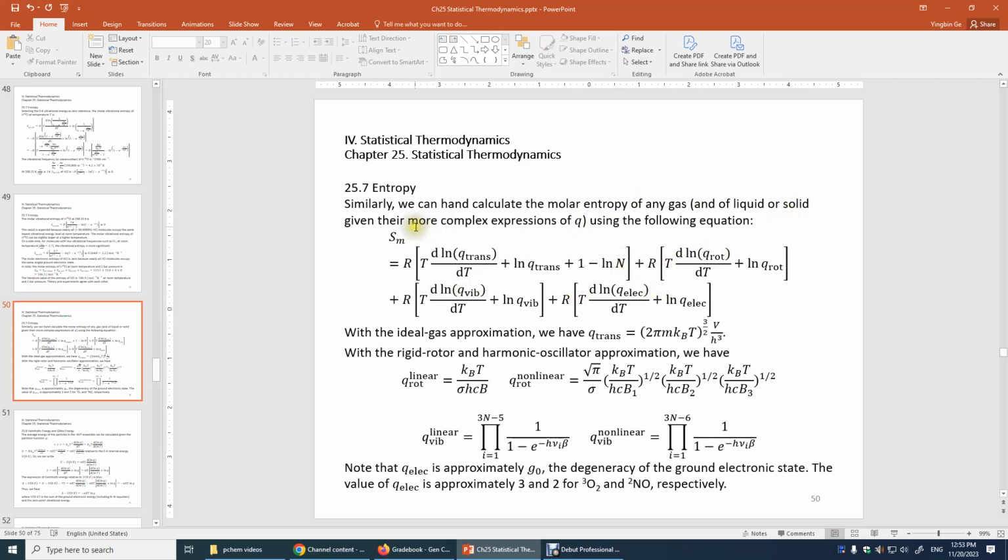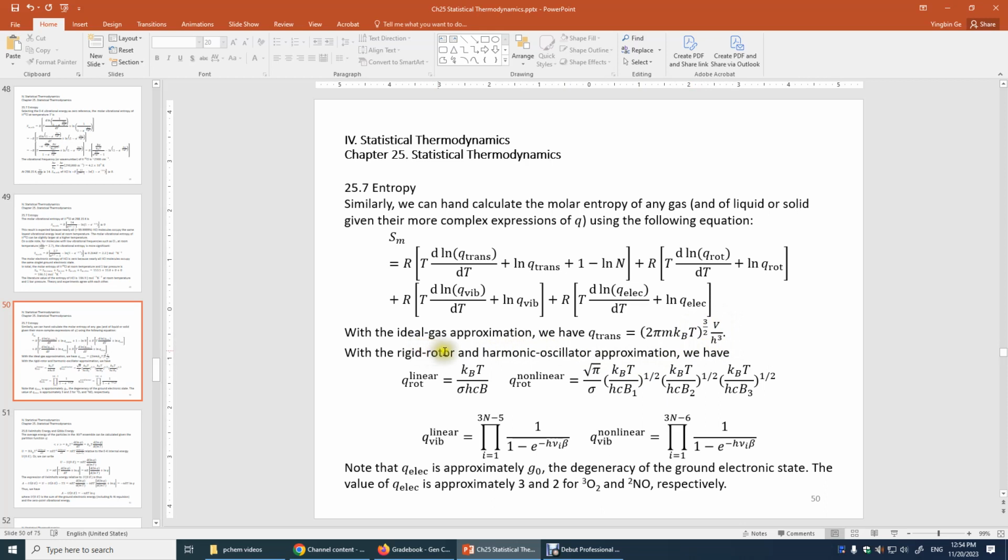Again, the molar entropy is simply the sum of 4 components: translational, rotational, vibrational, and electronic. Given the ideal gas approximation, the translational partition function is this: 2 pi m kBT to the power 1.5 times the volume of the container over Planck constant cubed.